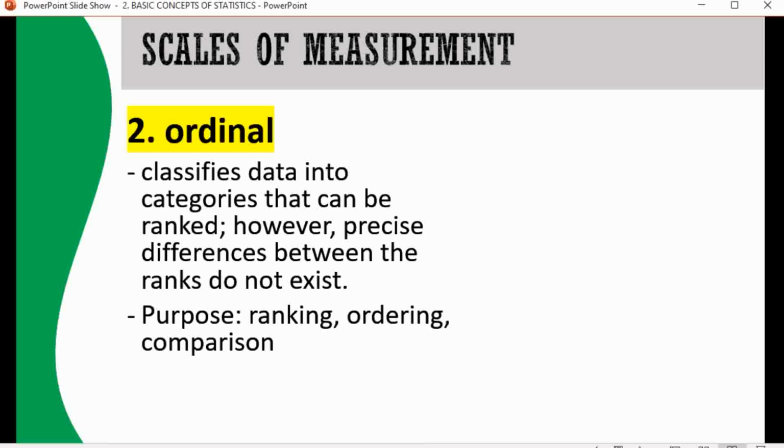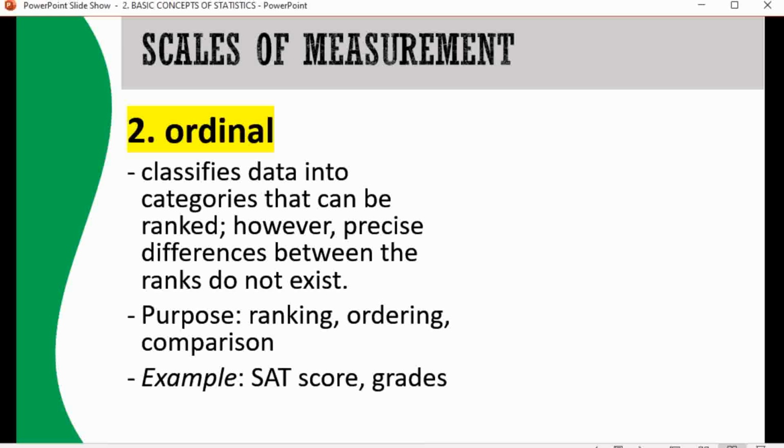When we talk about ordinal data, we don't see these numbers as numbers in the number line, because numbers in the number line may have decimal values. This could be represented as rational values, which is not applicable in ordinal. So the purpose here is only to rank. There is no rank 2.5 here. There is no rank 3.2. All the ranks here are rank 1, 2, 3, 4, and 5, no other.